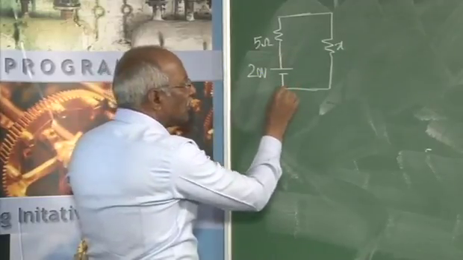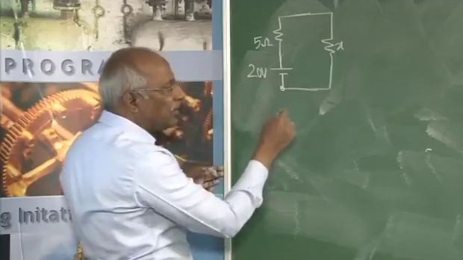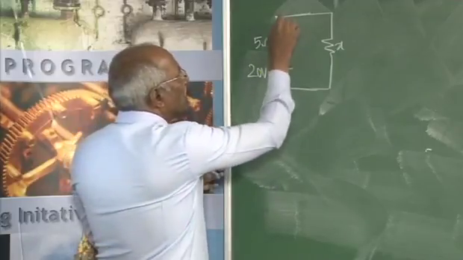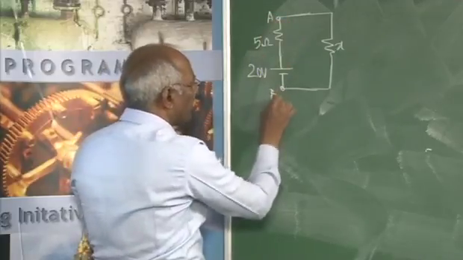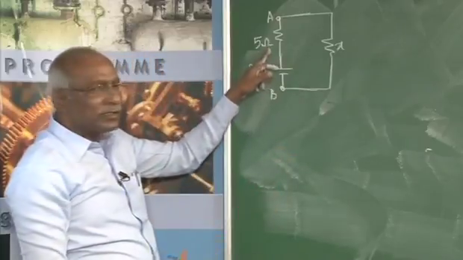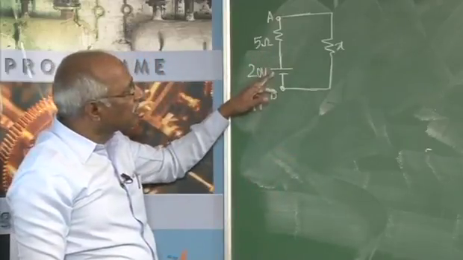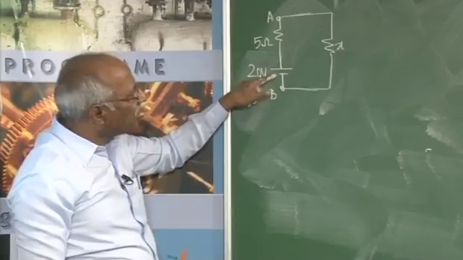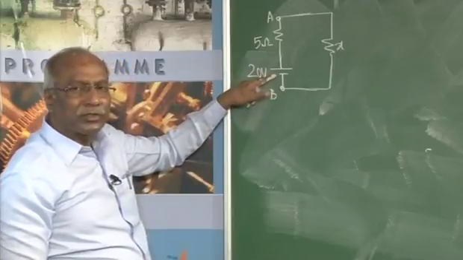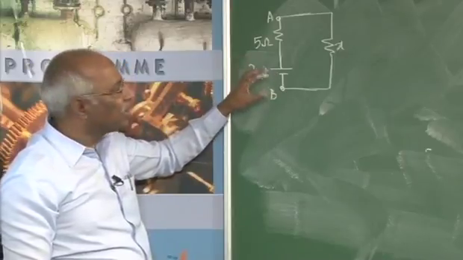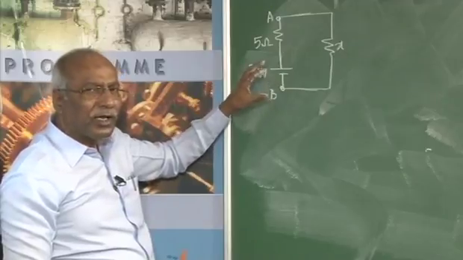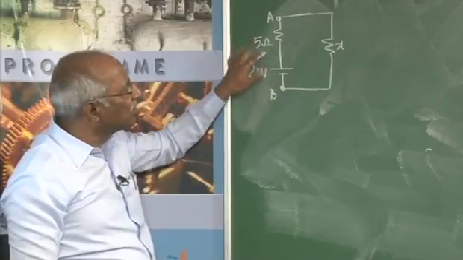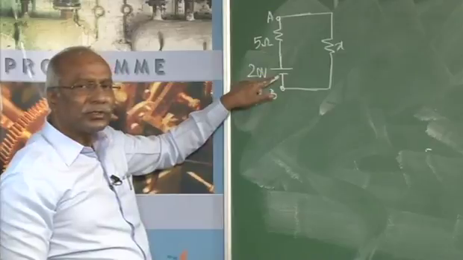The accessible terminals of the battery are only A and B. This internal resistance cannot be separated from this voltage source. It is an inseparable quantity. However, for analysis purposes, it has been taken to be in series with the voltage source.